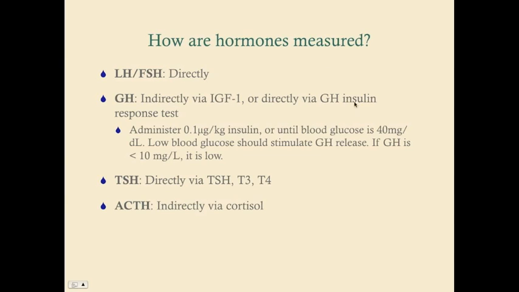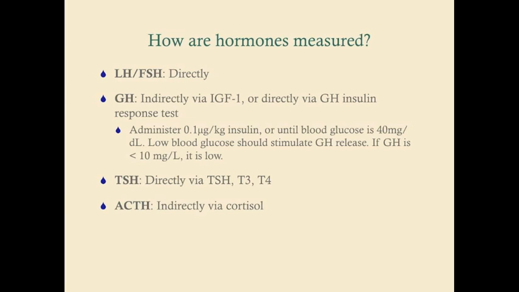So what we do is we administer 0.1 units per kilogram of insulin, or we just titrate it until the blood glucose level is 40 milligrams per deciliter. And what should happen is that the low glucose should stimulate the release of growth hormone.